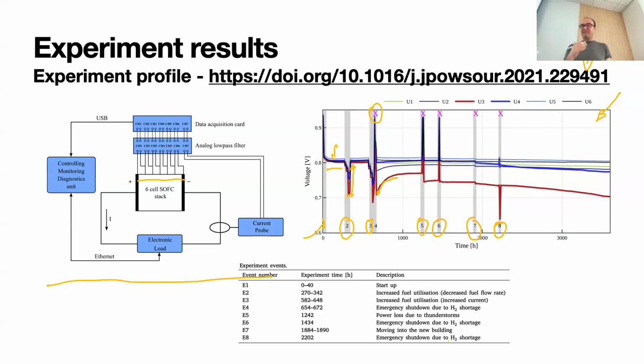Although one might say the experiment was a failure, from my perspective it actually wasn't, because we had a cell that failed, never recovered, and gradually degraded over time. And after the last hydrogen shutdown, even some different cells start to degrade a little bit.